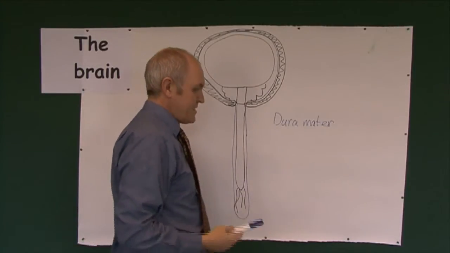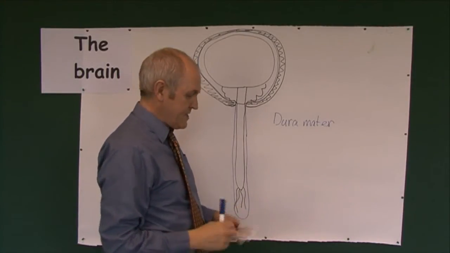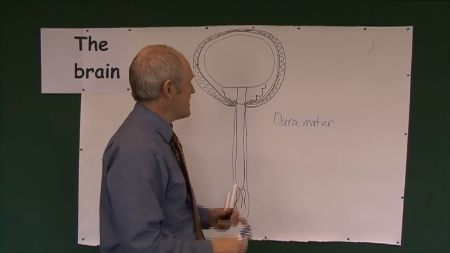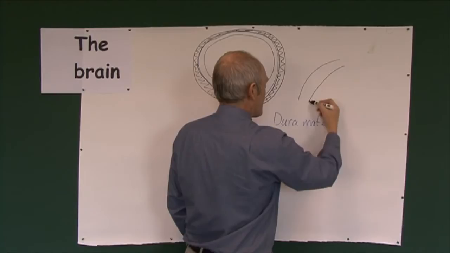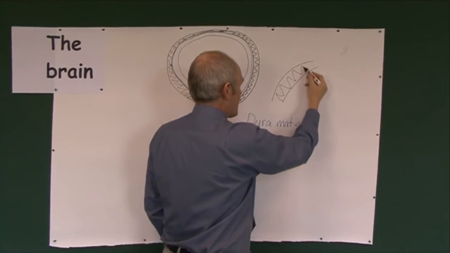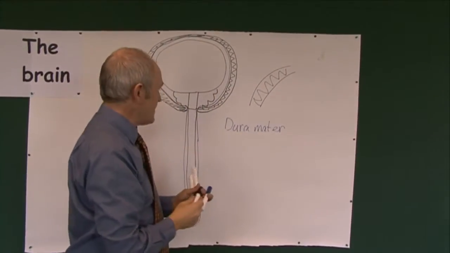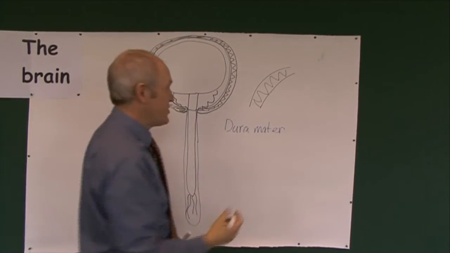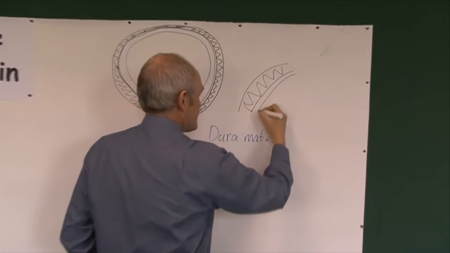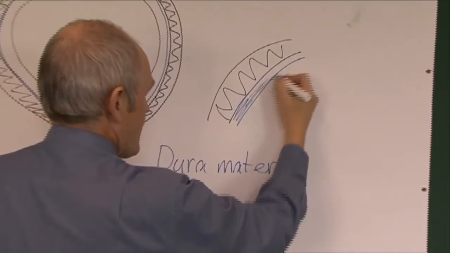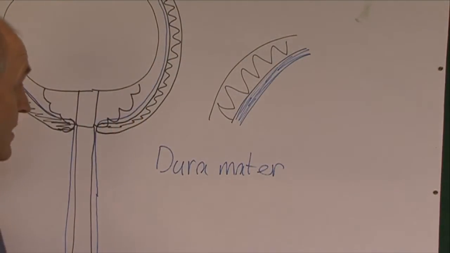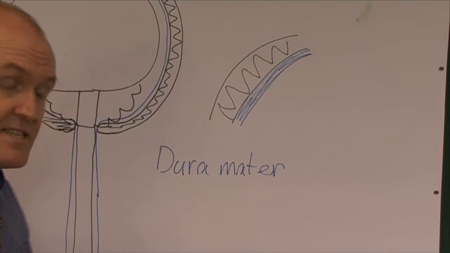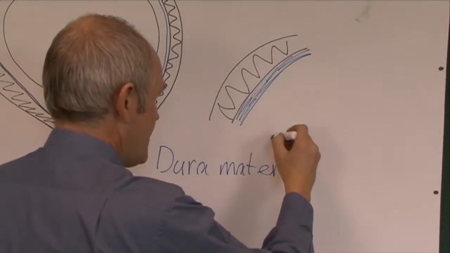And if you think about this in a more blown up, more detailed diagram, imagine this is the bone of the skull here. And then underneath that we have the Dura Mater, sometimes just called the dura. Now below this, of course, we have the brain itself, the surface of the cerebrum.